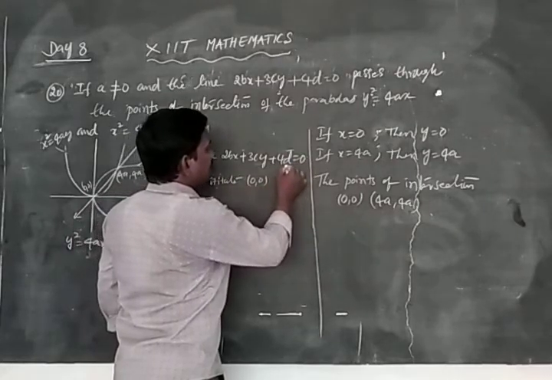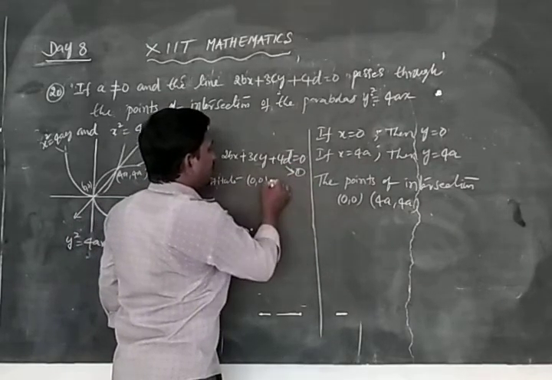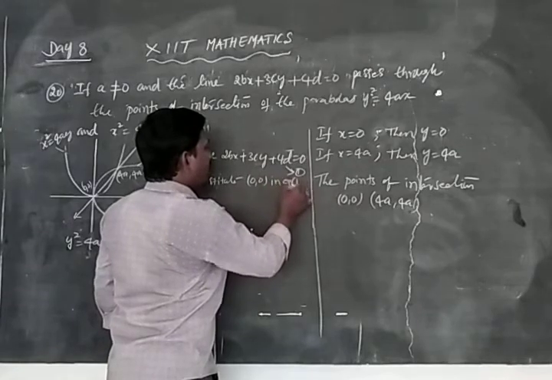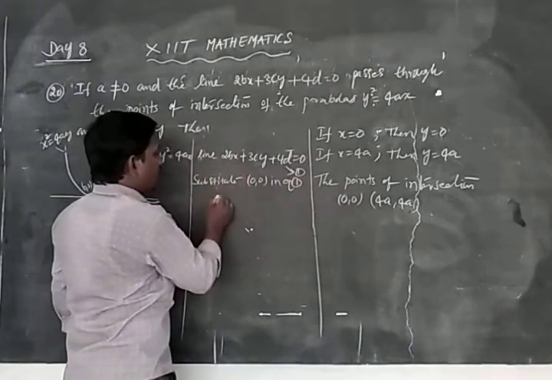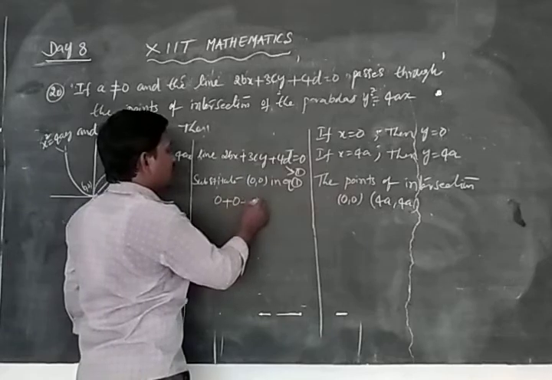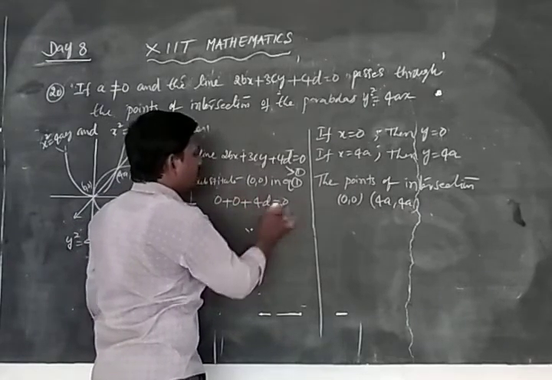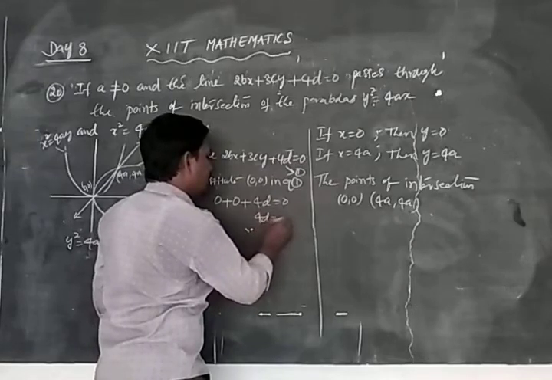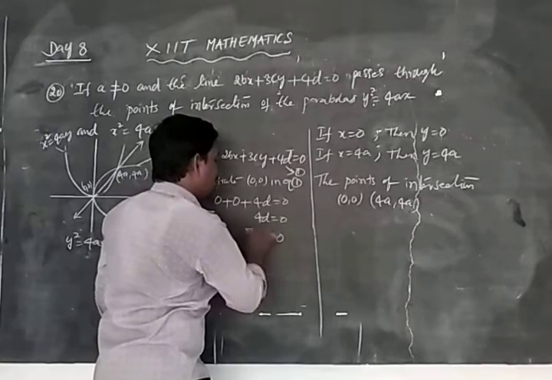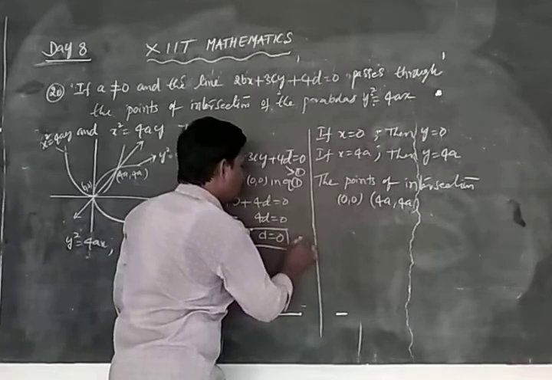This is equation 1. In equation 1, then 0 plus 4d equal to 0. Then 4d equal to 0. d equal to 0. This is equation 2.